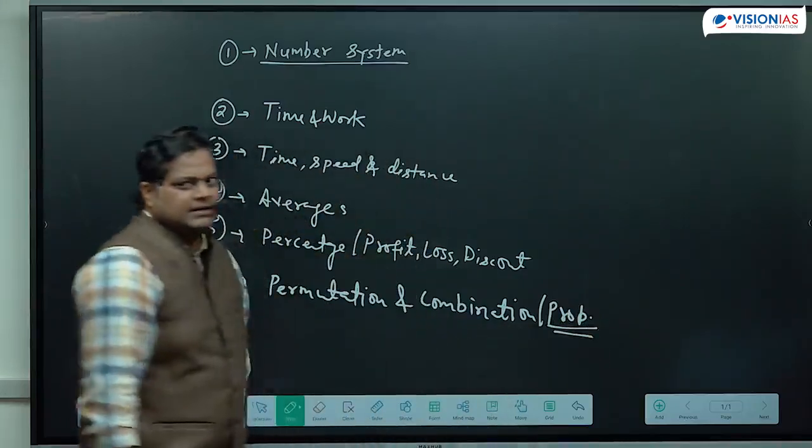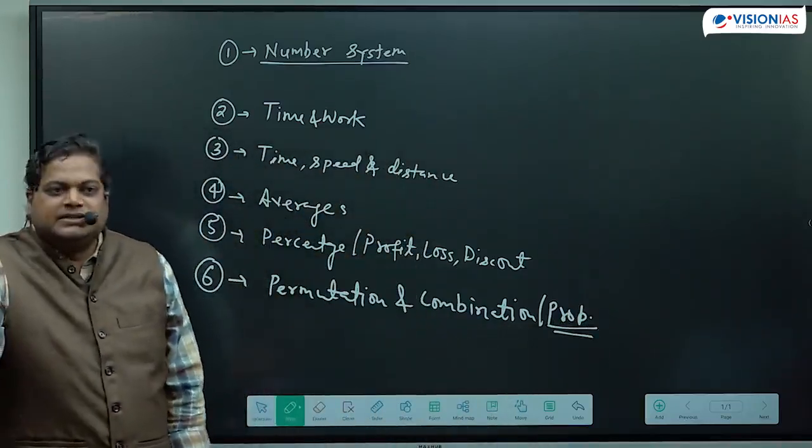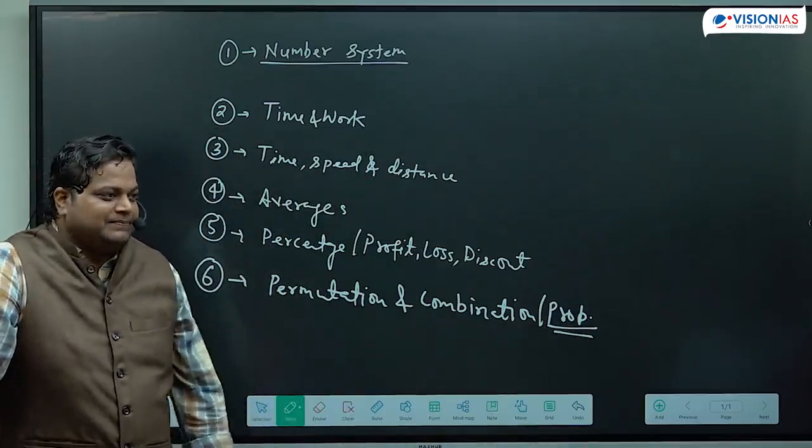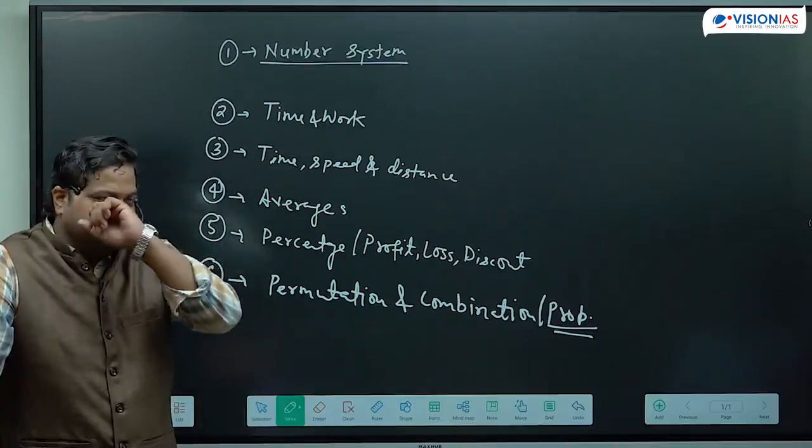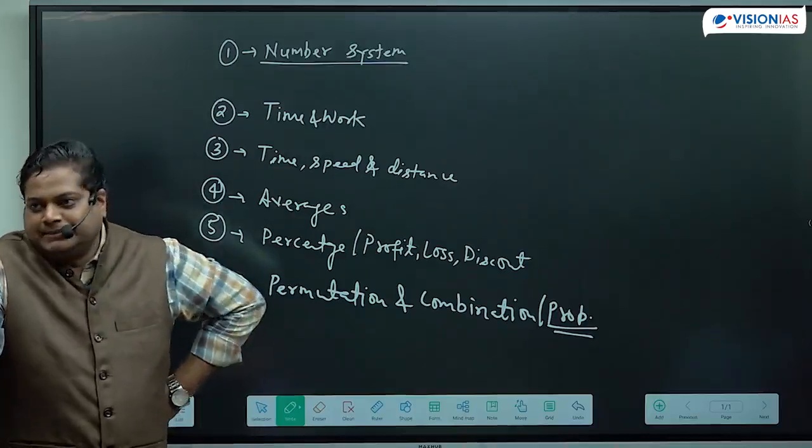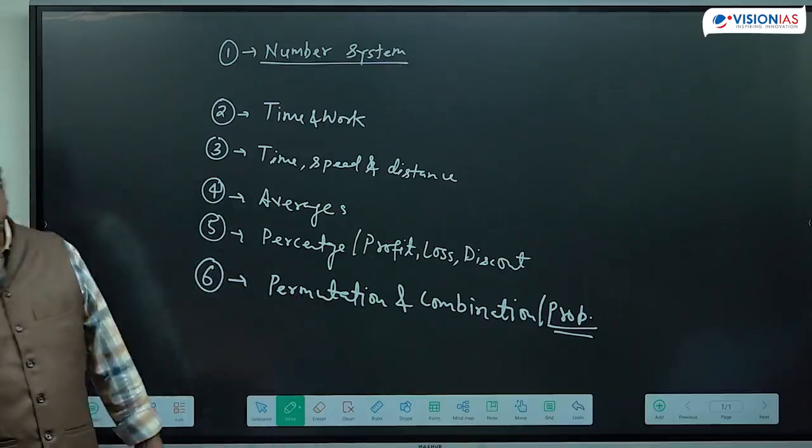But from probability, every alternate year UPSC is asking one question or no question. तो last 3 years में no question was asked. But from permutation combination they are asking more questions.